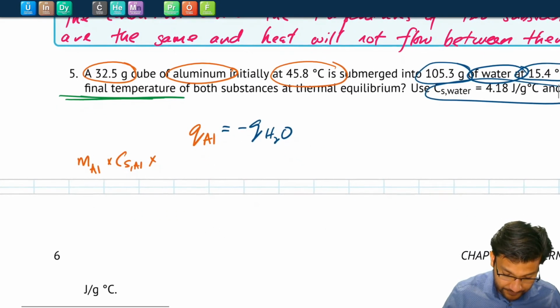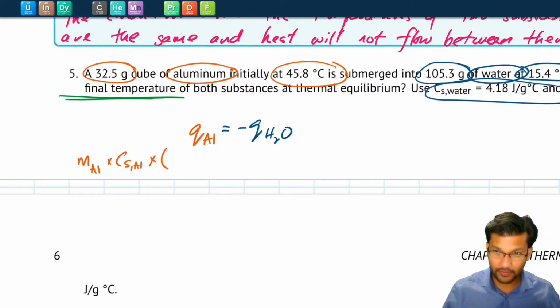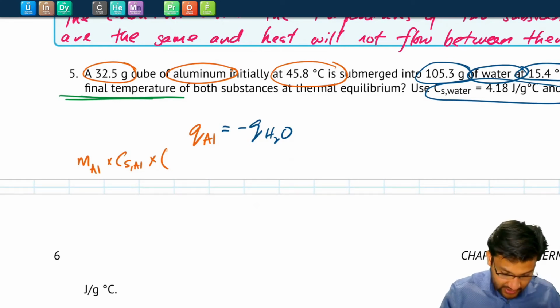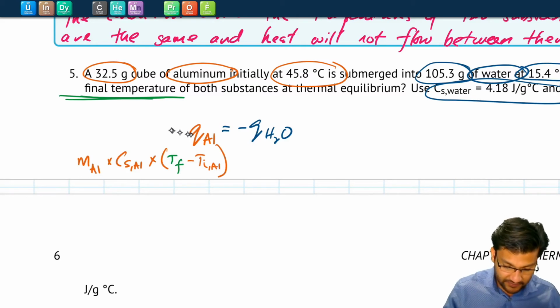Now for the temperature change, we need to find the final temperature, so we don't actually know what the temperature change is. So I'm going to write final temperature minus initial temperature of aluminum. Right? So that's the heat for aluminum. I expanded that out.